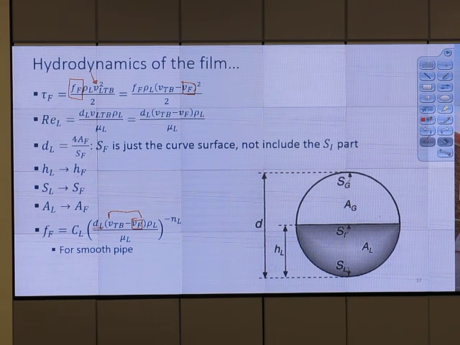Whenever you use Blasius type, it is only for smooth pipe. This derivation is for smooth pipe. You see, C multiplied by Reynolds number raised to the power of something, that's Blasius type. It's strictly for smooth pipe. If the pipe is rough, then you can calculate it numerically.